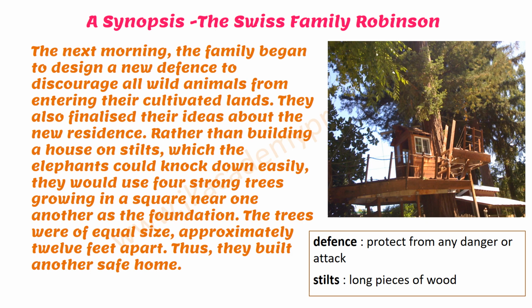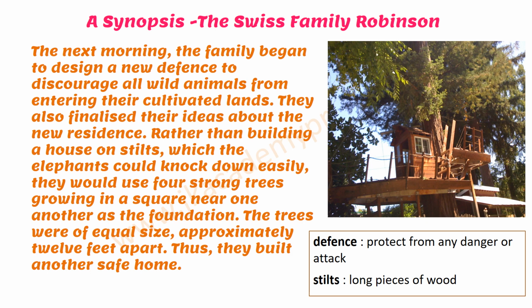They would use four strong trees growing in a square near one another as the foundation. They said, instead of using pieces of wood, we will use huge, strong trees. Wherever there are four trees growing in a square, we will make use of them and make the foundation from those trees.